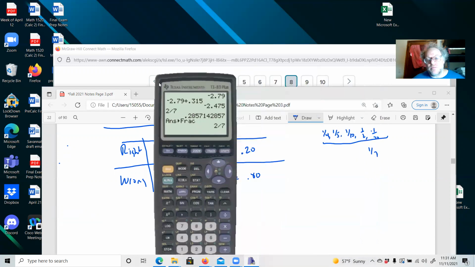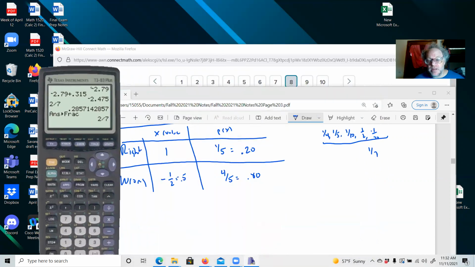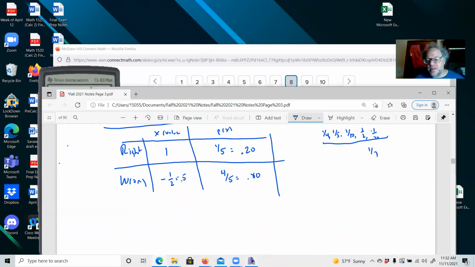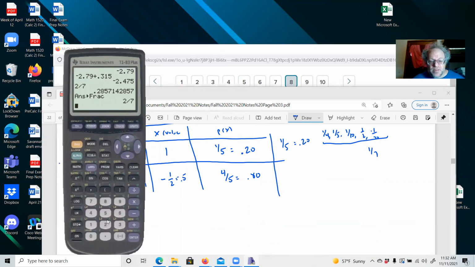So I'm going to multiply these together. 1 times 1/5, that is 1/5, or 0.2. And then -1/2, what's -1/2 times 4/5? So -0.5 times 0.8.